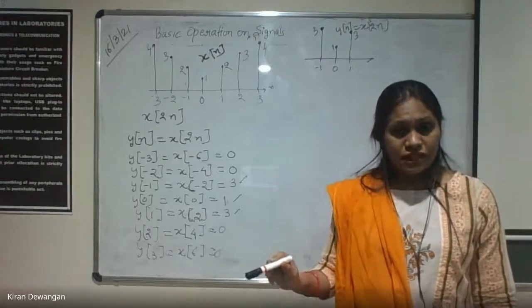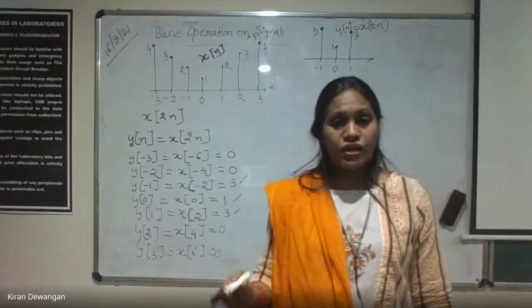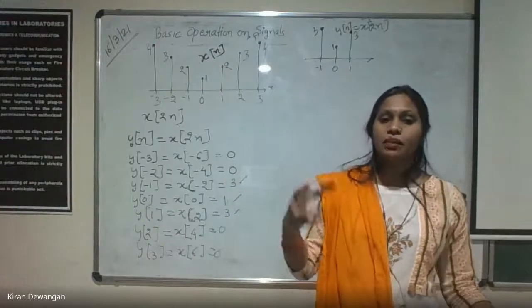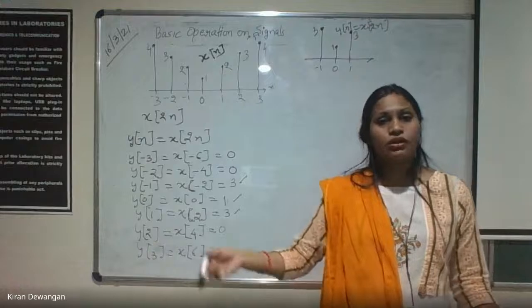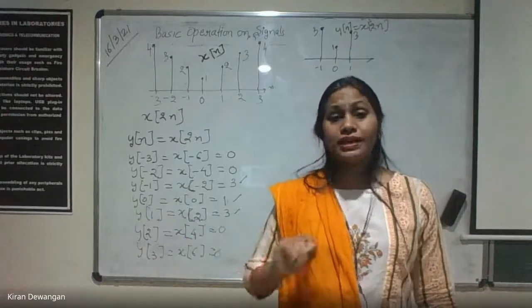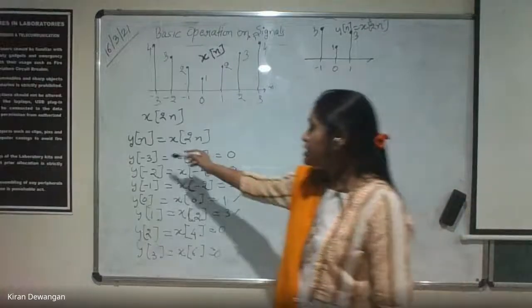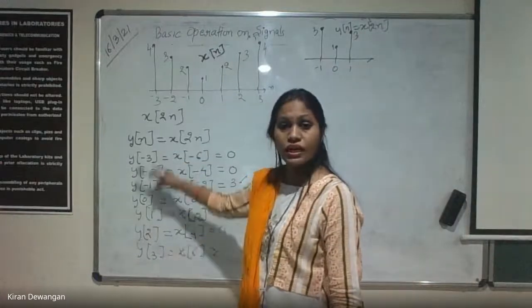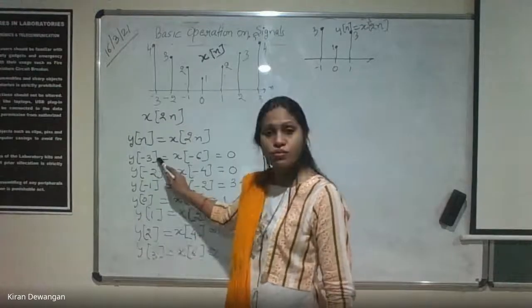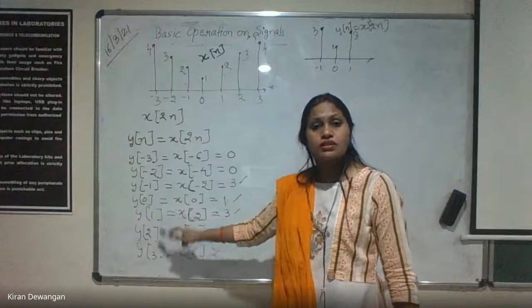In case of discrete, we don't have the values -3/2, -1/2, -1/3, -2/3, or 1/3, or 2/3, or 1/2. Nothing like that exists. We just have these values. Only these values exist in discrete, that is n equals -3, -2, -1, 0, 1, 2, 3.